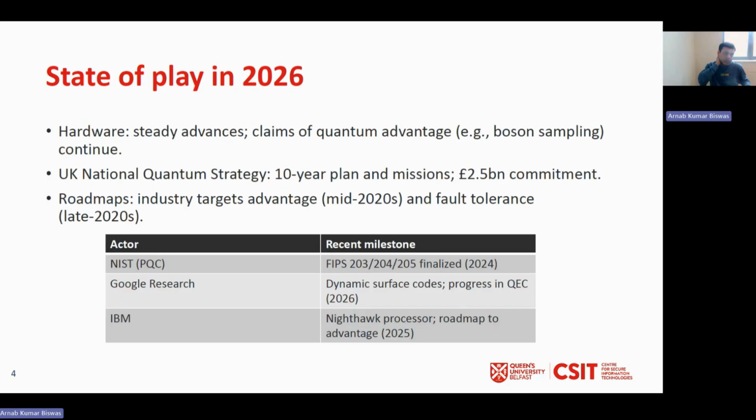The quantum state becomes unrecognizable, or we cannot make use of it after some time. That's the problem. To solve it, quantum error correction algorithms and different types of codes have been proposed. One thing Google has proposed is dynamic surface codes.